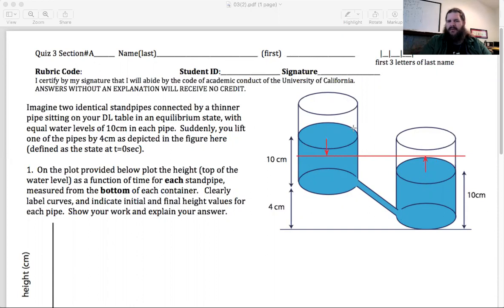Well, how far off are the levels right now? At the very beginning, what's the difference between those two surface levels? 4 centimeters. So how much would you have to make one go down and the other go up to make up for that 4 centimeters of difference?